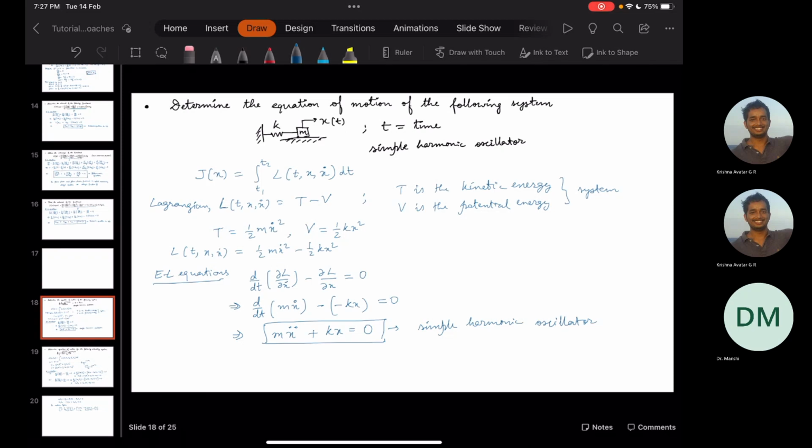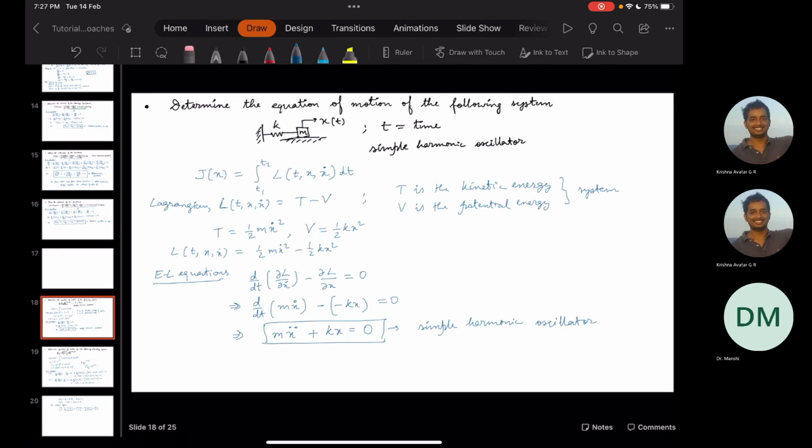Fine. So L is defined as T minus V. T here is the kinetic energy of the system, and V is the potential energy of the system. You recall very well that kinetic energy is half into mass into the velocity of the mass squared, isn't it? And in this case, the potential energy is stored as strain energy in the spring.